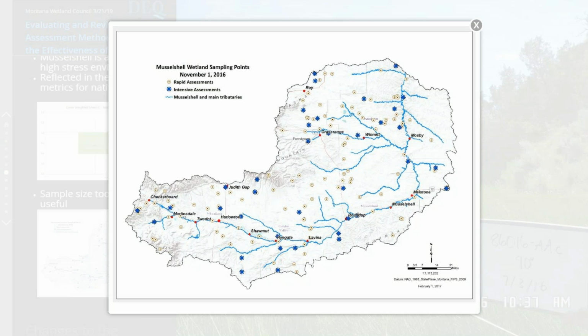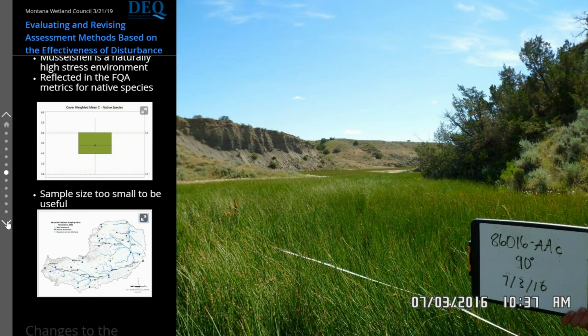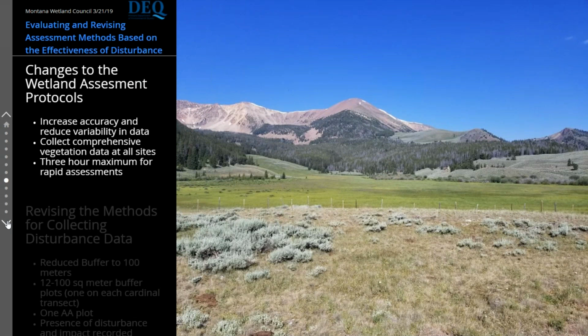So based on that, my feeling was that it was not that the data we were collecting was wrong. The data is good, but how we were collecting it really affected our accuracy, and it really increased variability between observers.